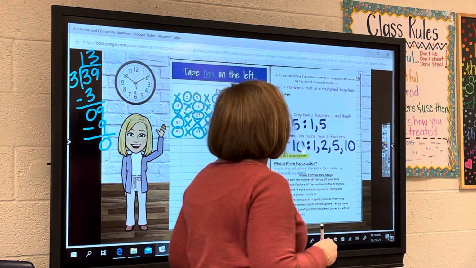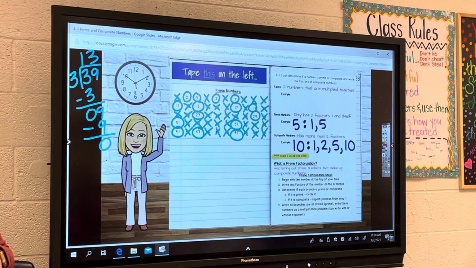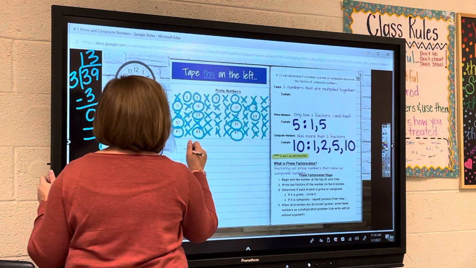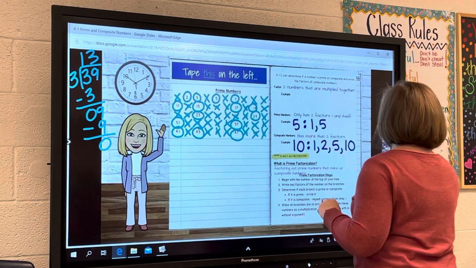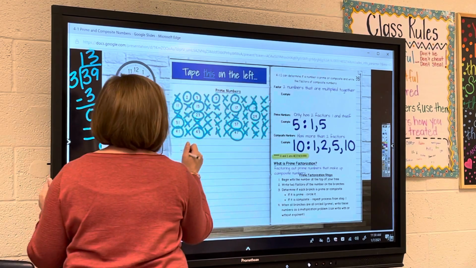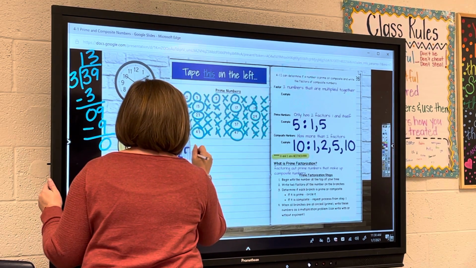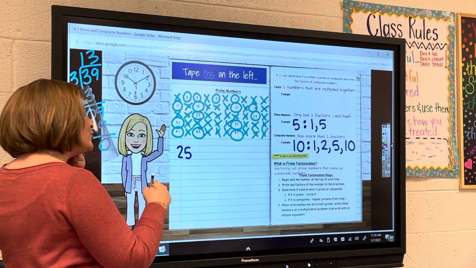So, Ava, pick a composite number from up here that we marked out. 25. All right, Ava picks 25. I've put the steps over here, but I'm going to show you.